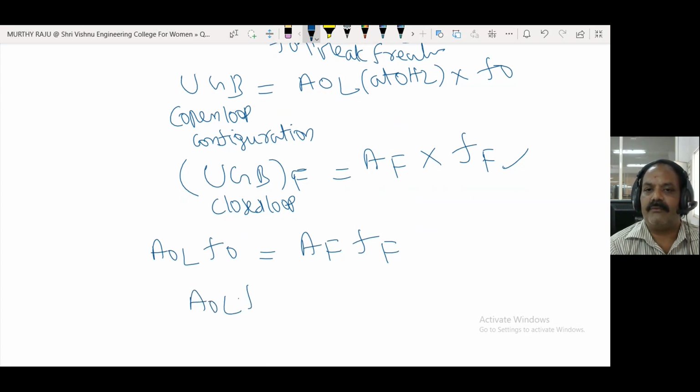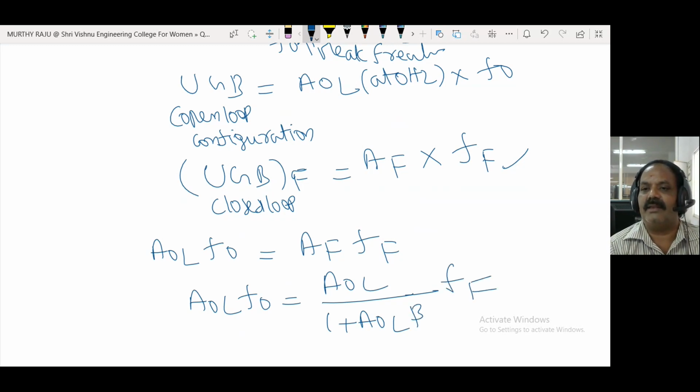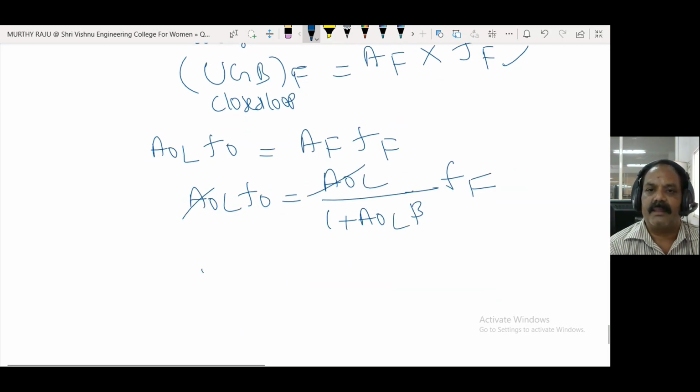AOL F naught, we know that AF is equal to AOL by 1 plus AOL into beta, times FF. AOL is cancelled. The bandwidth of the non-inverting operational amplifier with negative feedback is FF equal to F naught into 1 plus AOL beta.